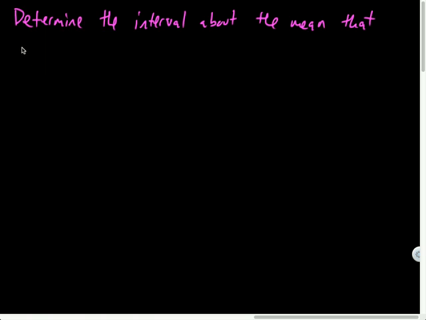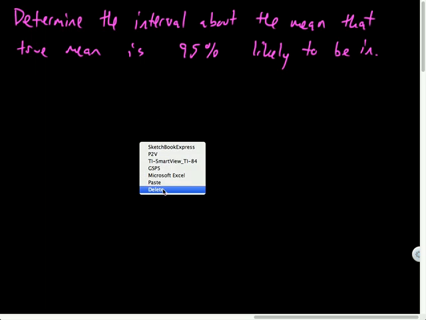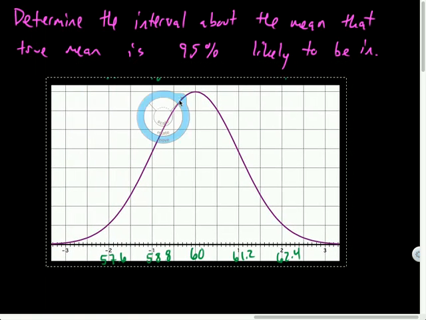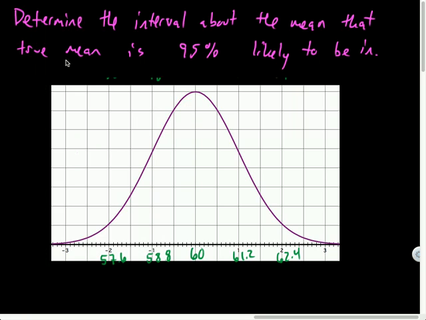Determine the interval about the mean that the true mean is, let's say, 95% likely to be in. And there's our setup.